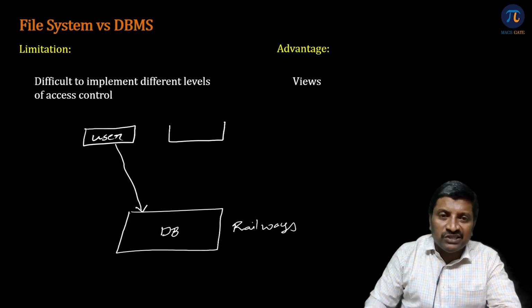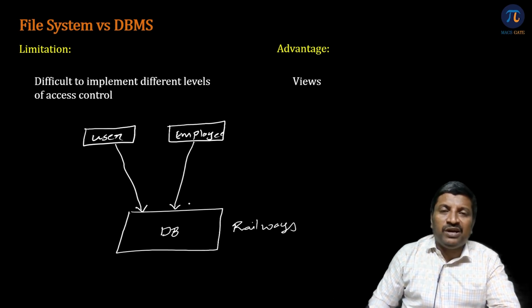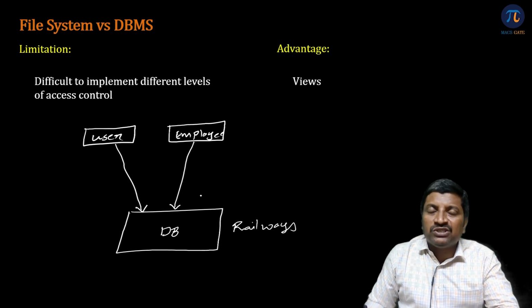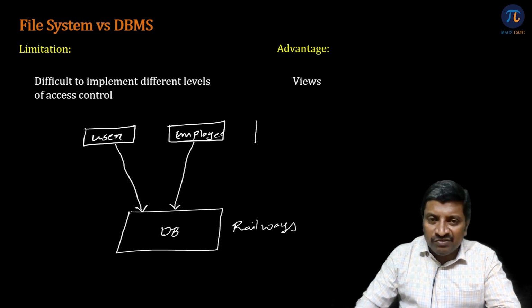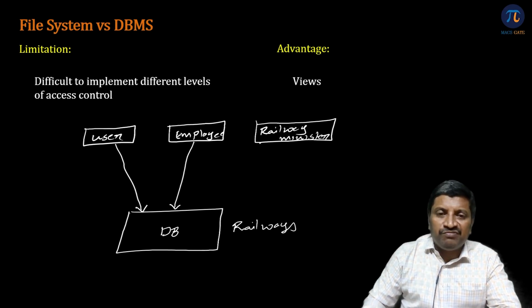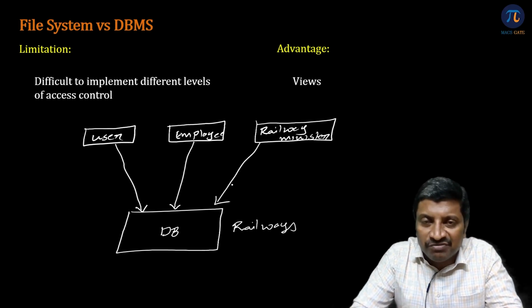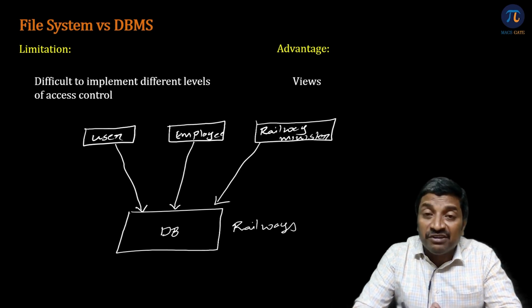If I log in as a railway employee, the view may be different, or he may have some more extra access or information. Suppose I am logging in as a railway minister. Then the view is different and I may have some other access controls. So depending on the different types of users, we can maintain different views.